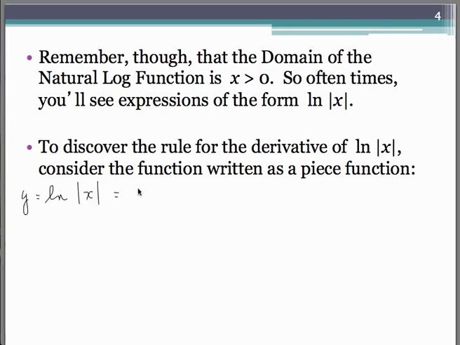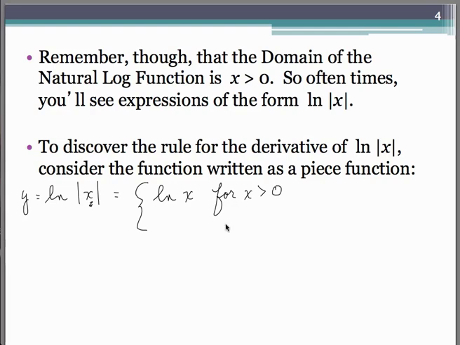So long as your x's are greater than 0, then the rule simply will be natural log of x. Because if that x value in here is a positive number, then the absolute value bars don't really matter. Really, the only time they matter is if it's a negative x.